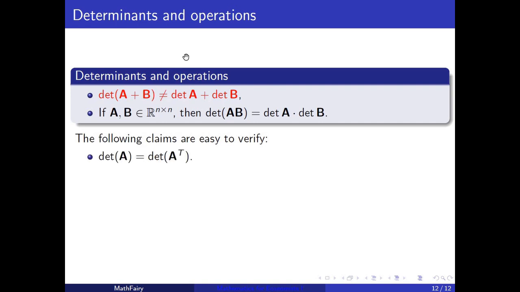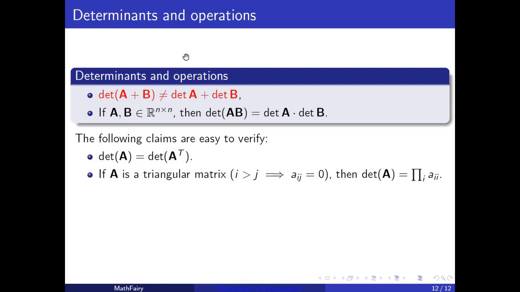So the determinant of a square matrix is actually the same as the determinant of its transpose. If A is a so-called triangular matrix, so for example if under the main diagonal every single element is 0, or above this main diagonal every single element is 0, then the determinant is just the product of the main diagonal elements.